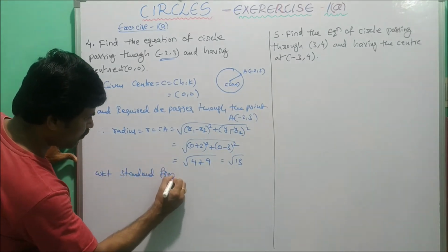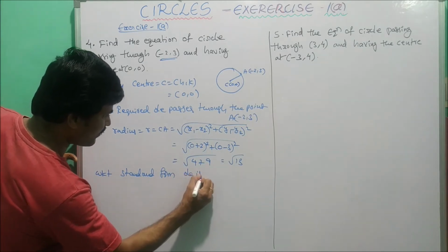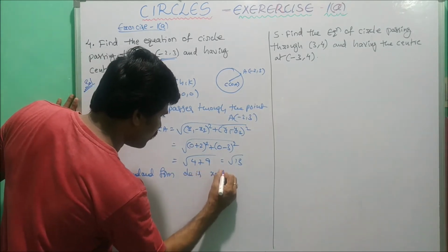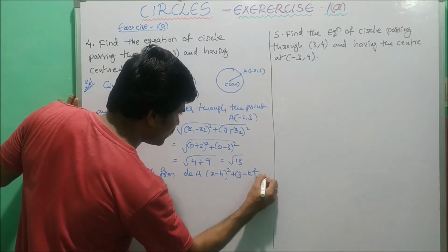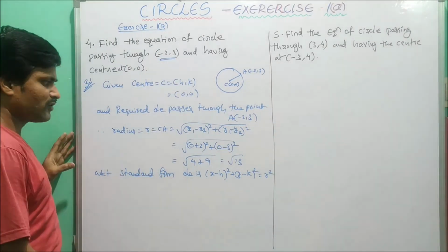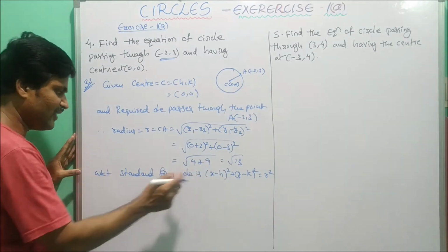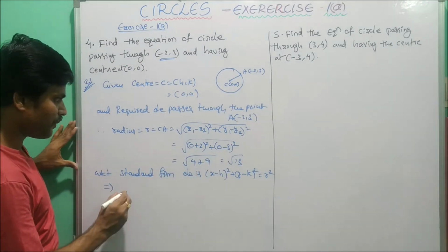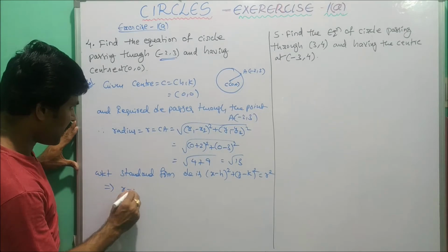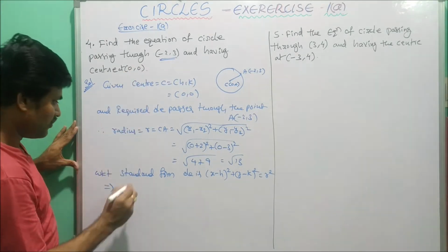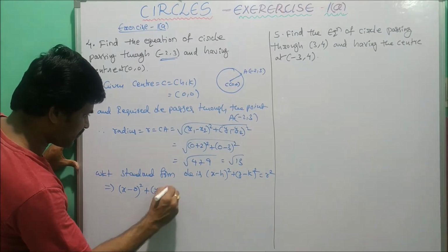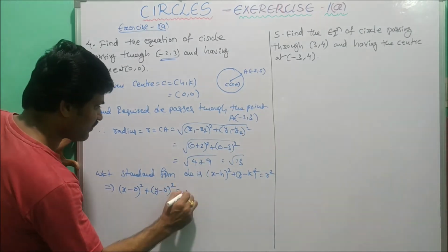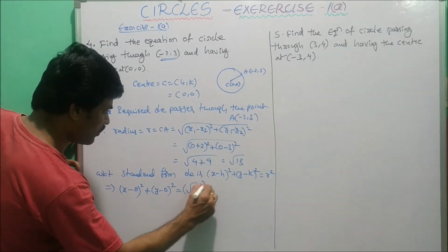Standard form of circle is (x minus h) whole square plus (y minus k) whole square equals r square. Now substitute center and radius in this standard form, which implies (x minus 0) whole square plus (y minus 0) whole square equals r square, means (square root 13) whole square.